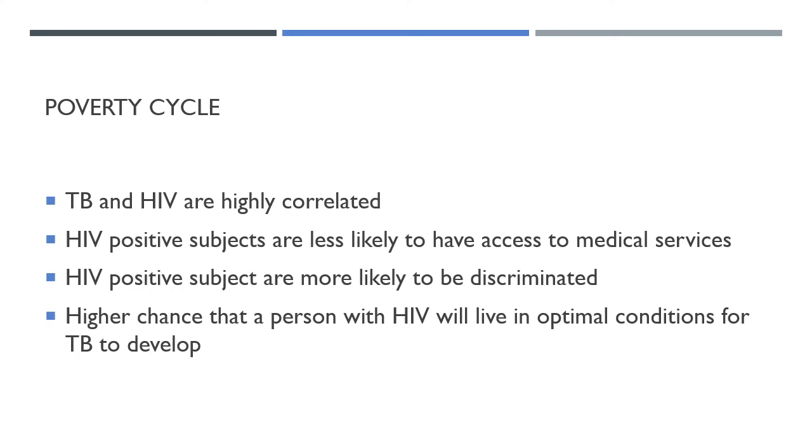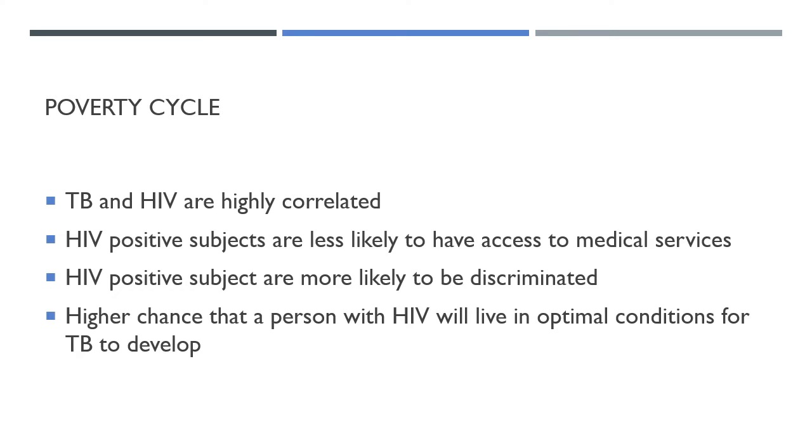I want to point out that TB is part of this thing that I like to call the poverty cycle. TB and HIV are highly correlated. Why is that? Because HIV makes your immune system weaker, therefore people will be more prone to getting TB because of that weaker immune system.